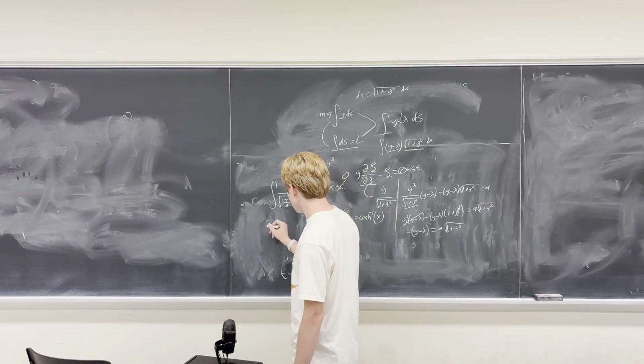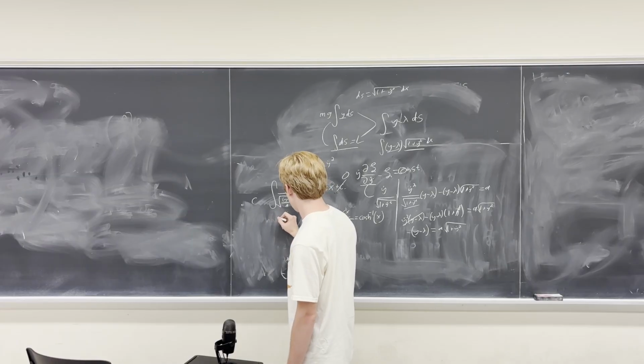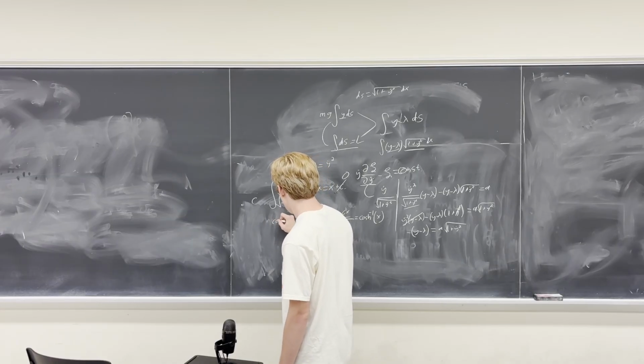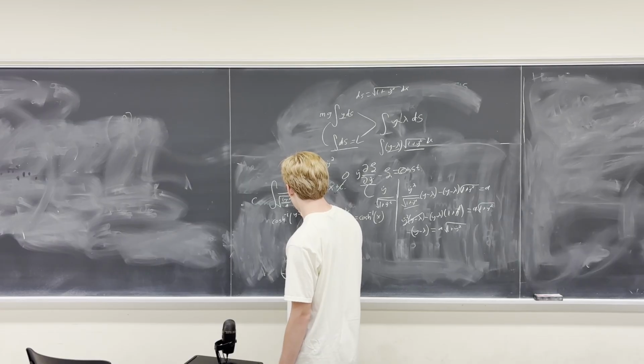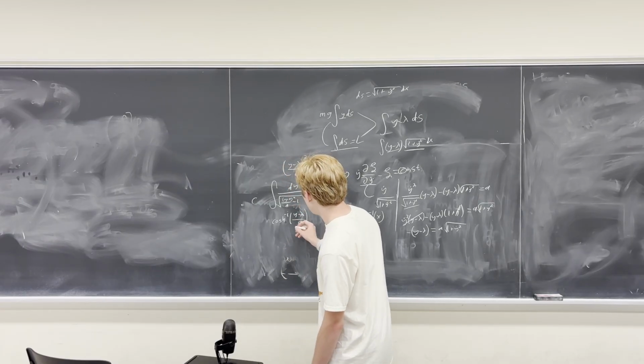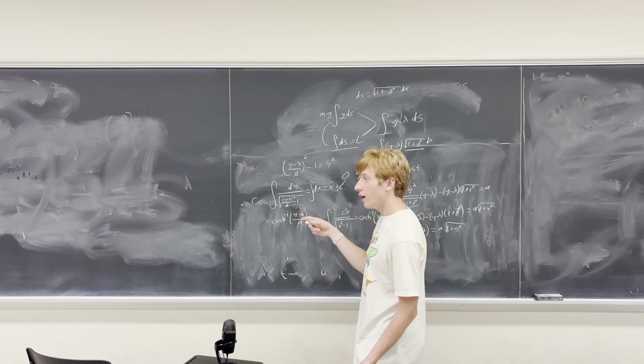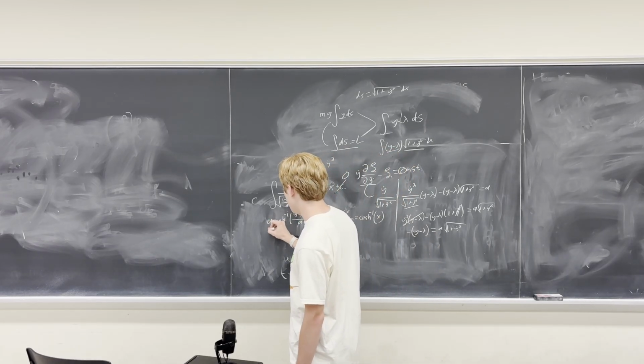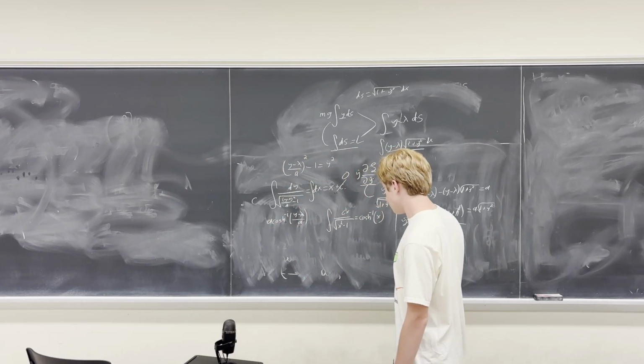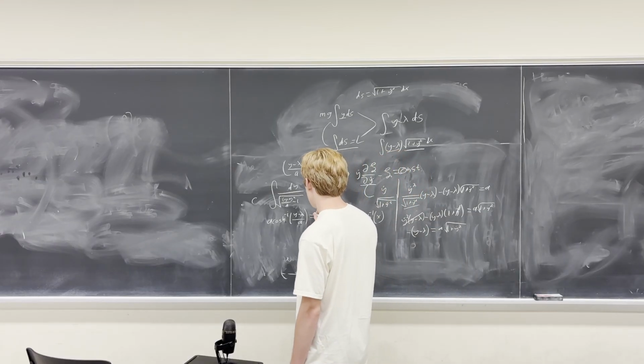So that means we have inverse hyperbolic cosine of (y − λ)/a. And whenever we differentiate this, we're going to get an extra a out front, so we just throw an extra a to cancel. And that right there is just going to equal x.